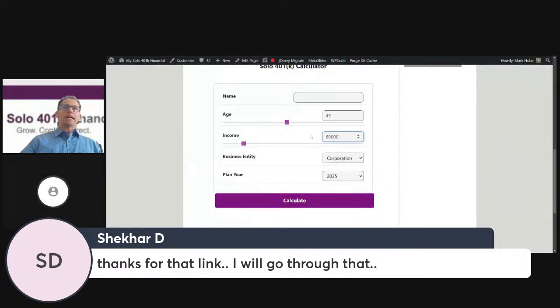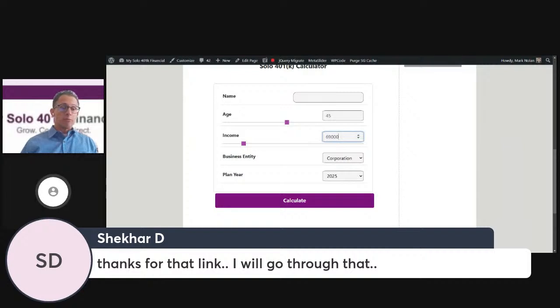This is going to be for tax year 2024 because you still have until your business tax return due date plus time you file extension here in 2025 to make 2024 voluntary after-tax solo 401k contributions. You also still have time to open a solo 401k in 2025, so it's effective for tax year 2025, so that you can make voluntary after-tax solo 401k contributions.